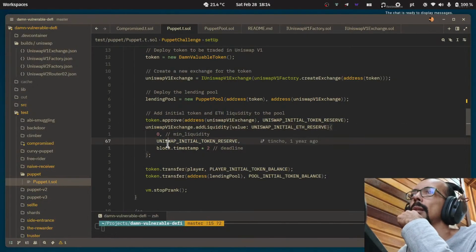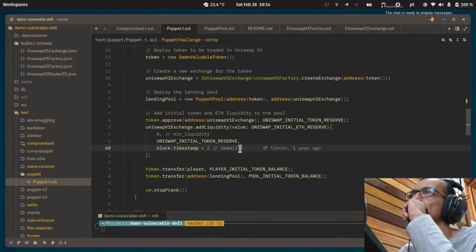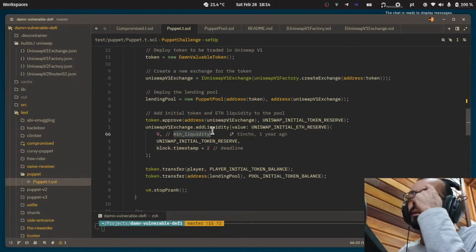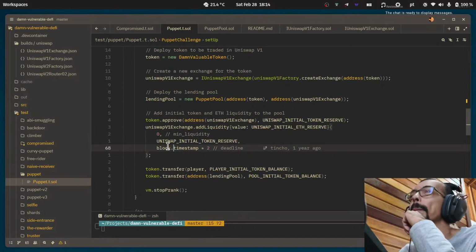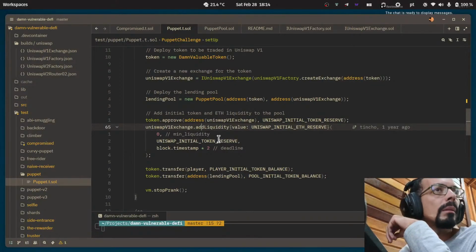And here the token and the deadline. I don't remember what the deadline means here. I think it's the deadline because they're gonna do a swap. No, they don't do a swap here. Yeah, I need to remember. We can check.